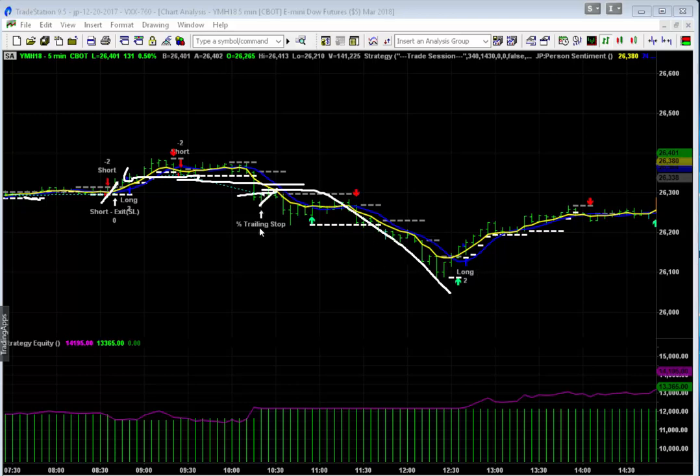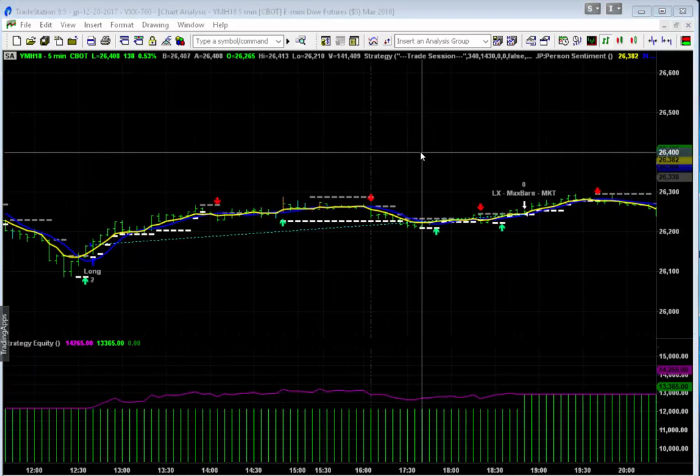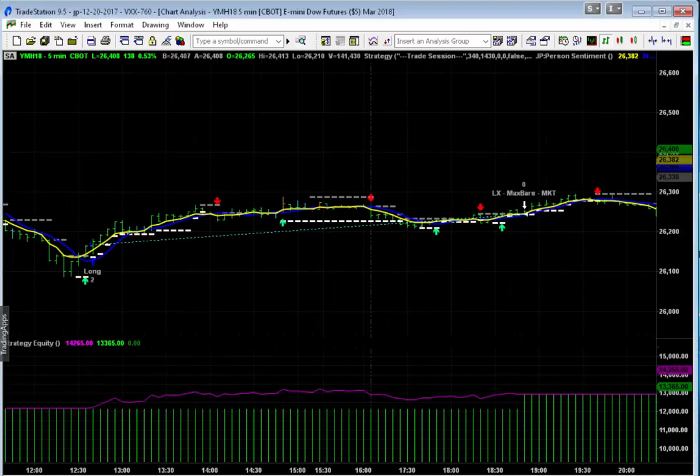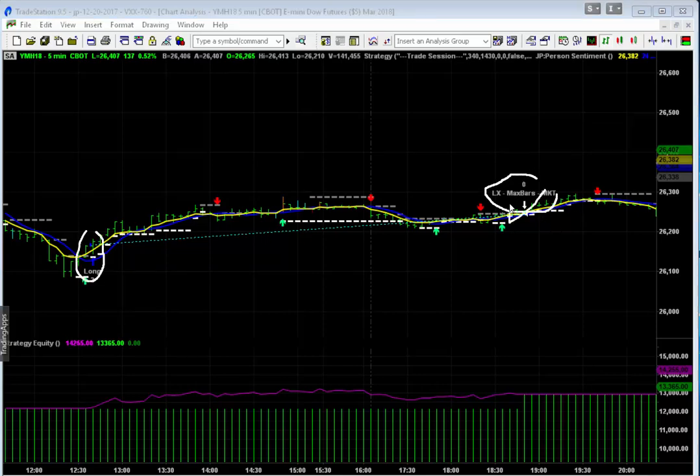It covered its position on a trailing stop feature, and then it just chopped around, and then it got outside of its parameter of going short down there. But it picked up a long position, and as you will see, as I put this back into focus, it held the long position into the night session. Here's the long position. And as you see where it says max bar, it exited out on a max bar.